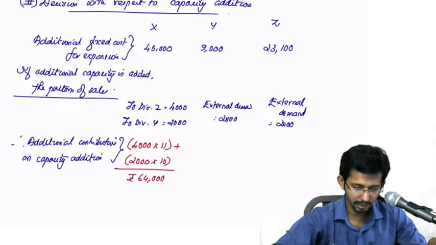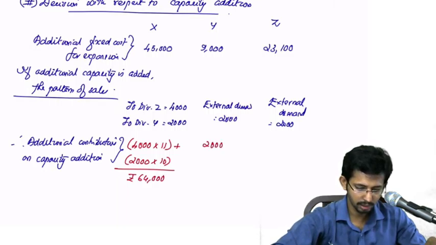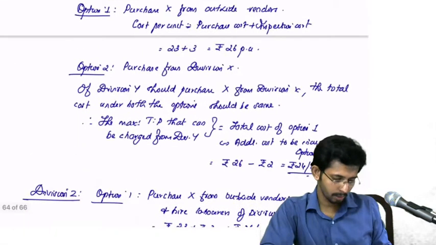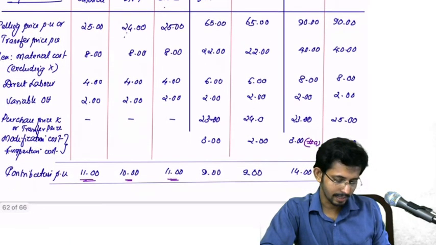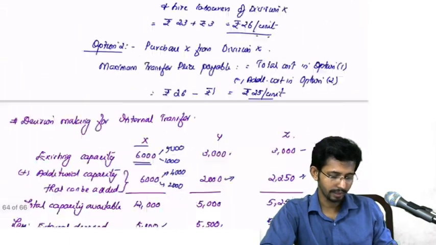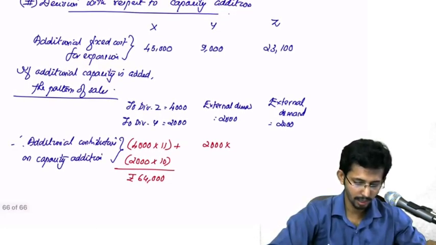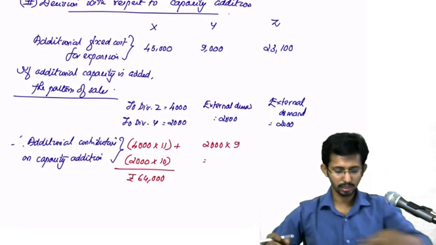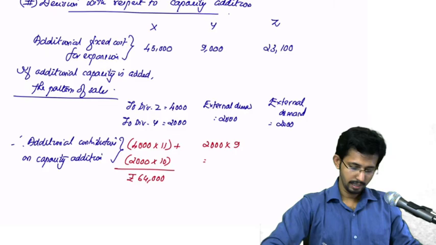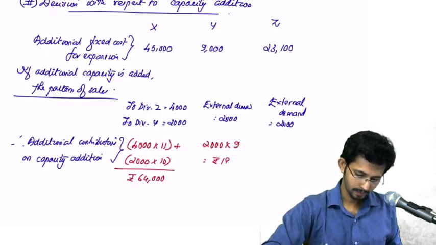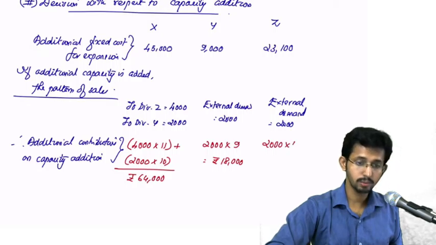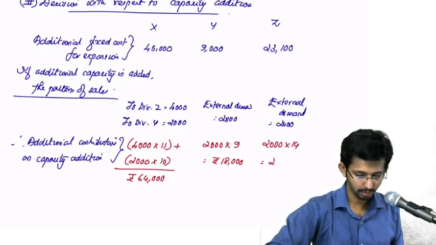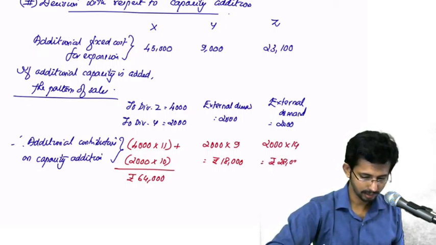Here it will be 2,000 into external sales. What is the contribution per unit? Contribution per unit external sales, it is 9 and here it is 14. So 2,000 into 9, that will be 18,000, and here 2,000 into 14, so this will be 28,000.